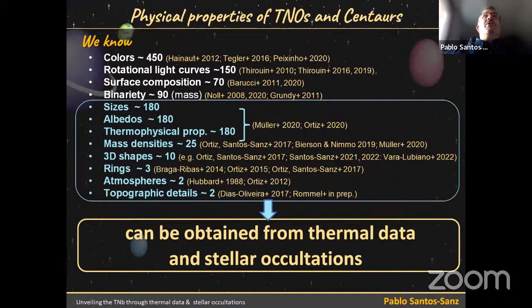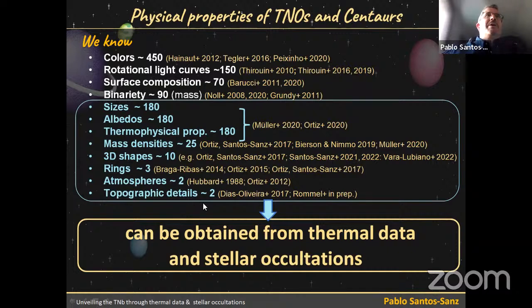Well, what do we know about trans-Neptunian objects and centaurs? We have information, but not for many, because we know about 4,000 of these objects, and we have information, of course, for around 500, and rotational light curves for 150, and you have here all the things that we know.